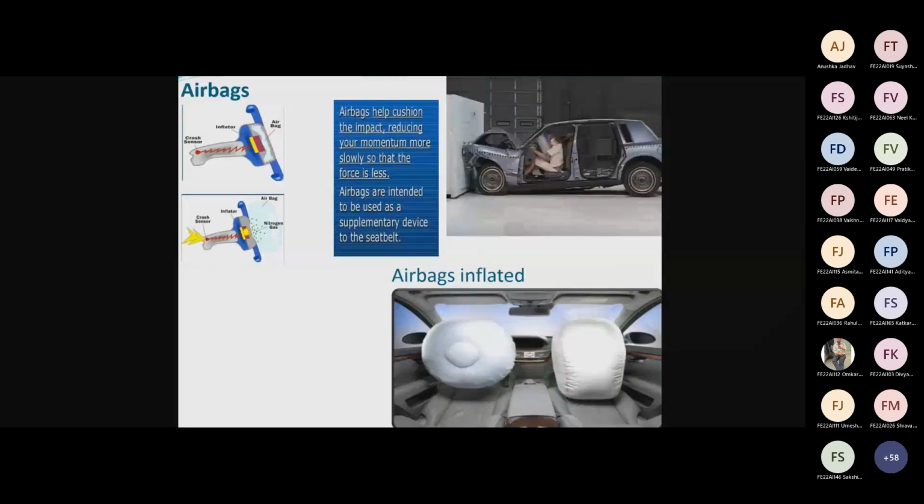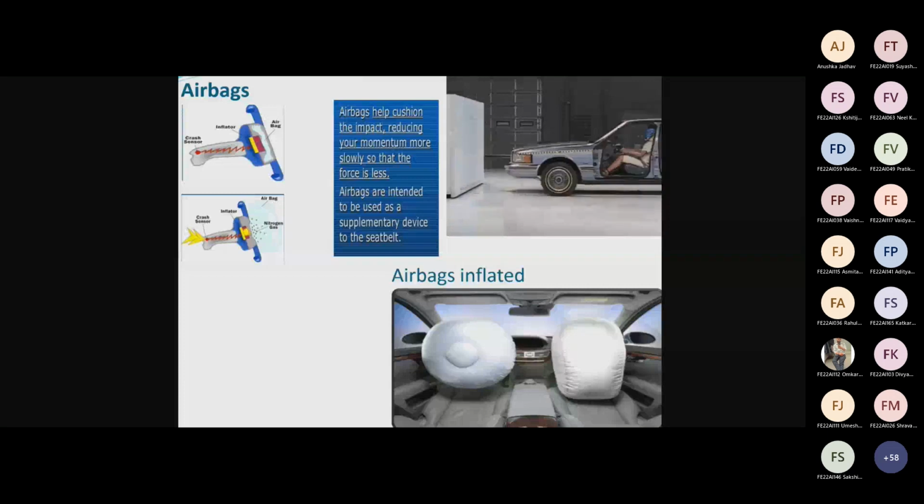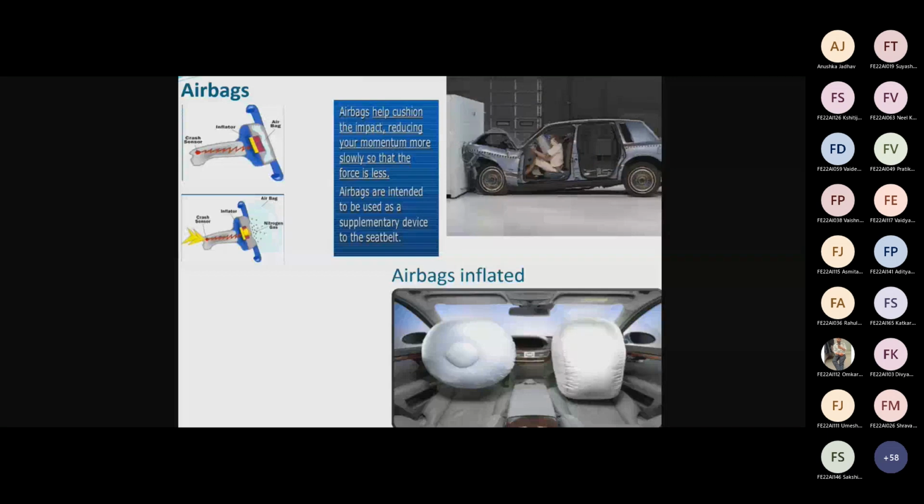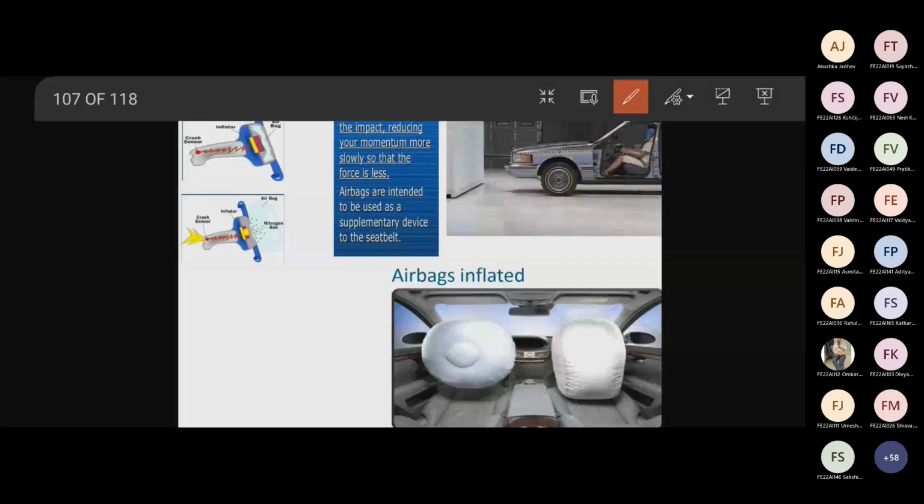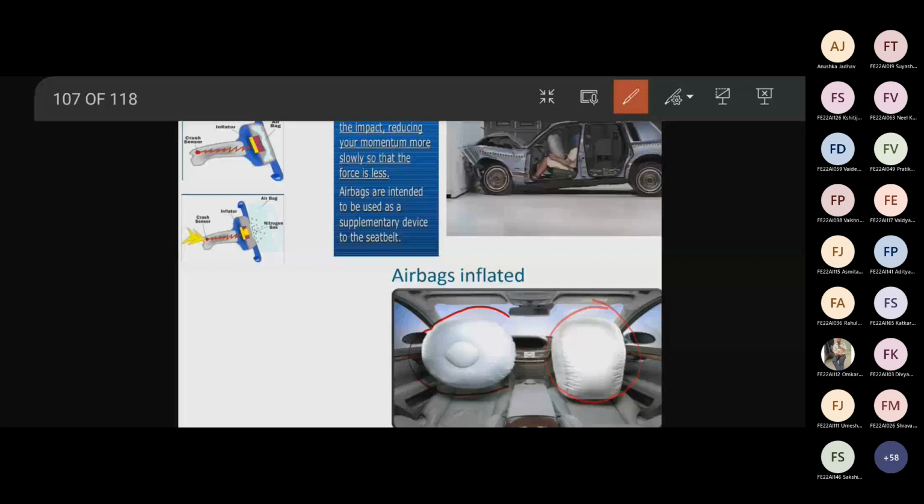Now airbags, you can see here. One airbag is for the driver in the steering and one is for the side passenger, right?